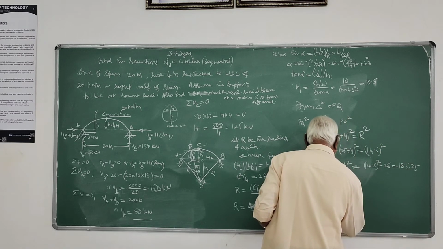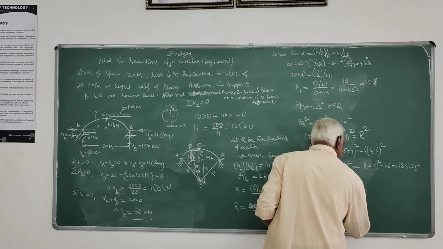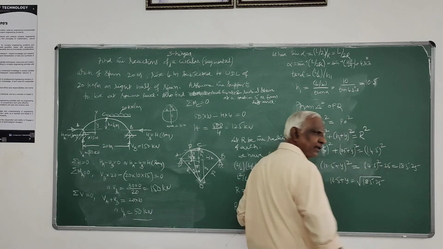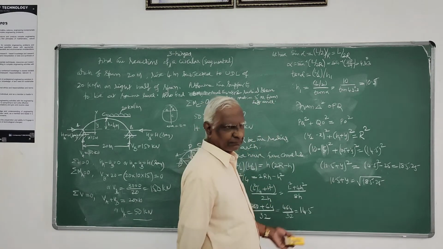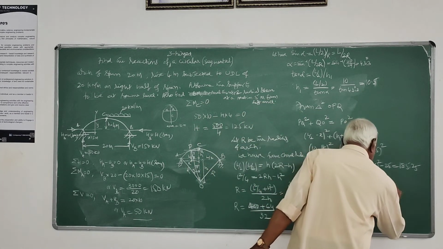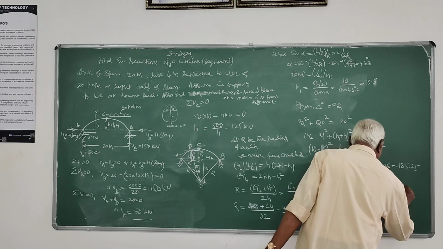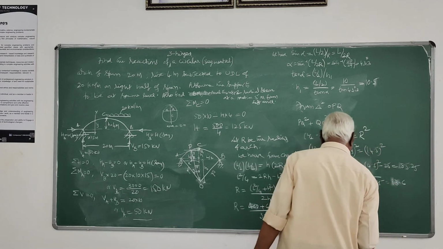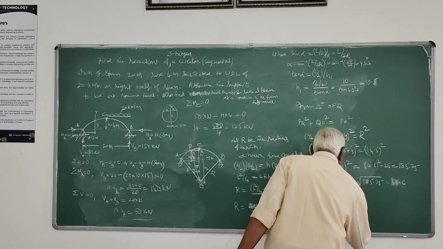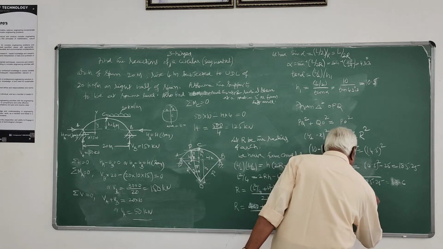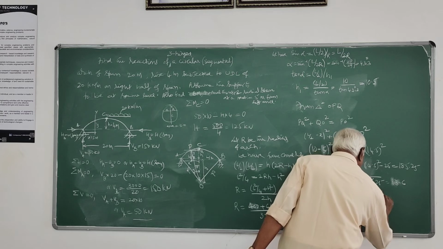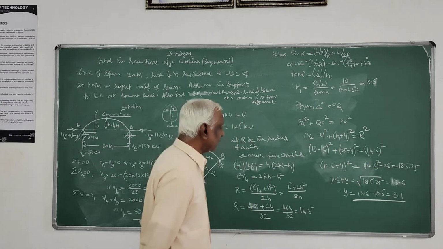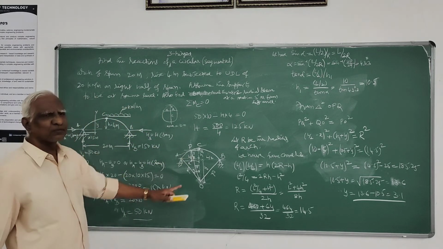So therefore, 10.5 plus Y is equal to the square root of 185.25, that is 13.61. Therefore, Y is equal to 13.6 minus 10.5, that is 3.1.